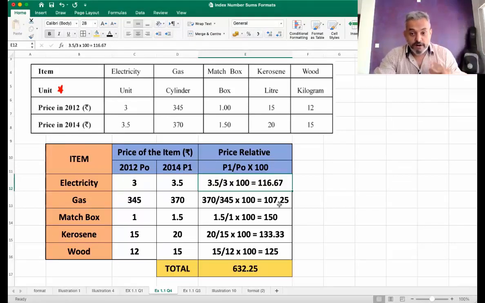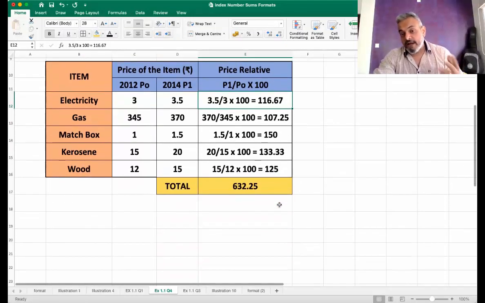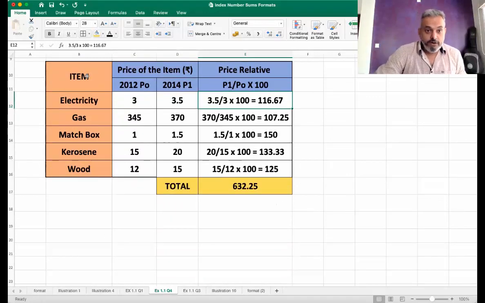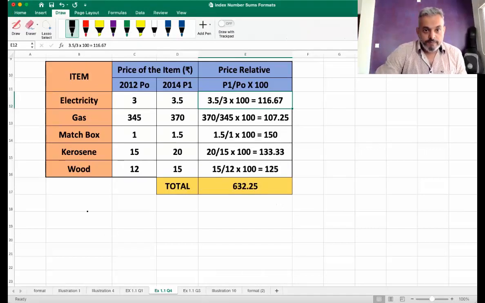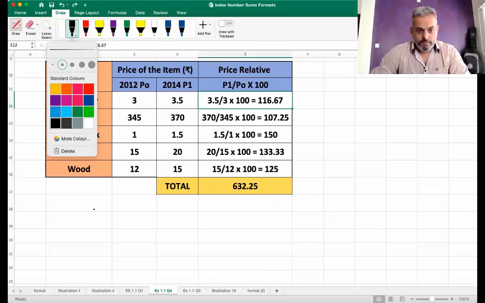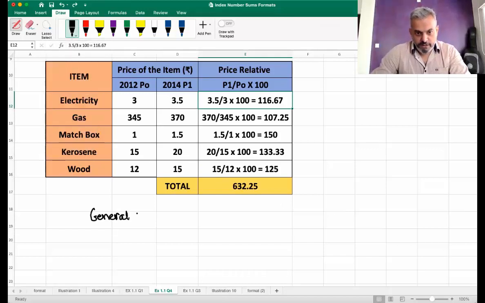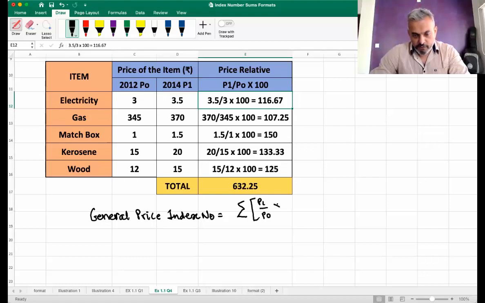But I consume all of them, so I have to see how much the overall increase is, what the overall index is. So you write below this: general price index number is equal to sigma, that is summation of P1 upon P0 into 100, which is equal to, now we already have this total over here.